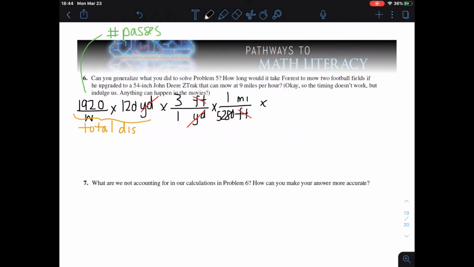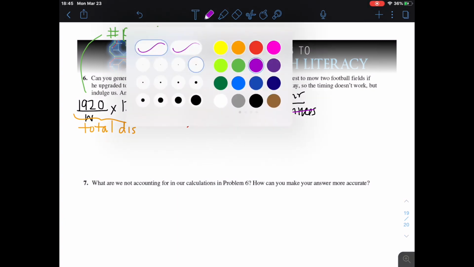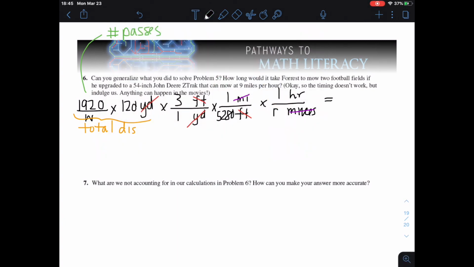You need to multiply this by the rate. He's going to go 4 miles in 1 hour, or more generally, R miles per 1 hour. This will cause the miles unit to cancel, and you'll just be left with hours. And this will equal the total time for one field.